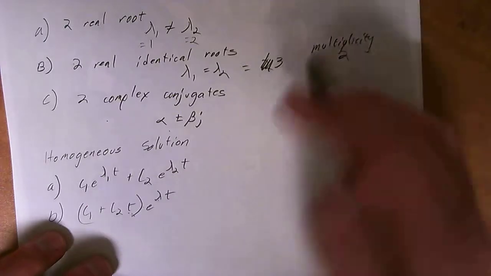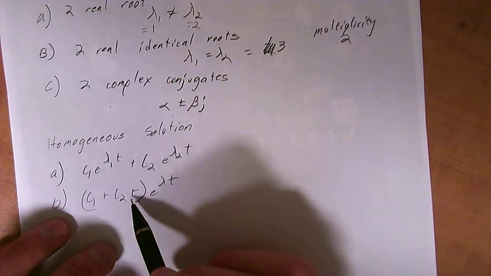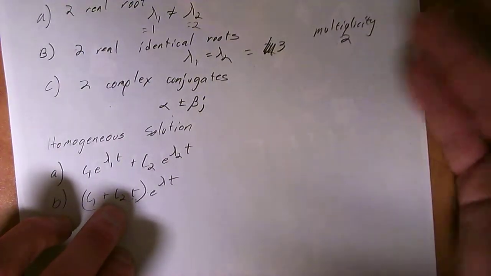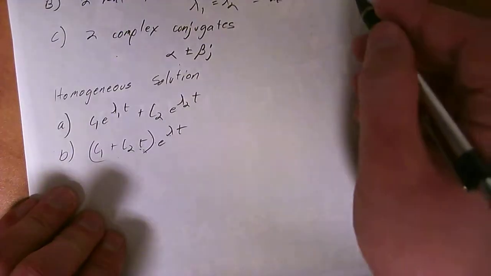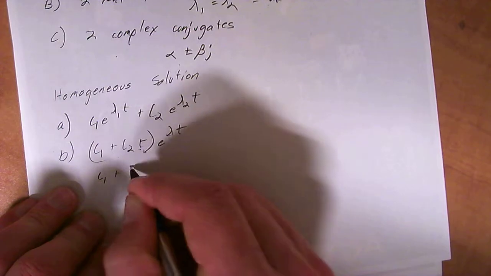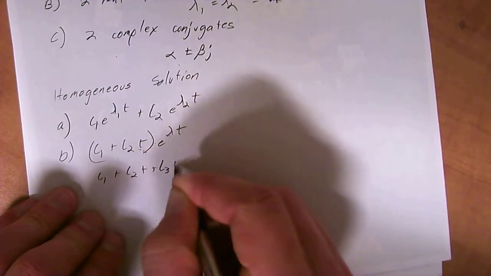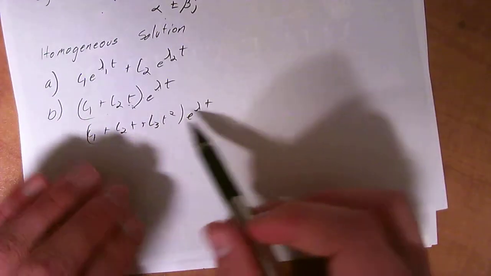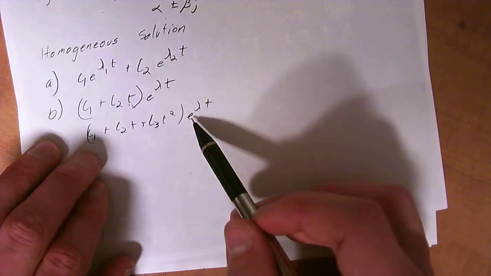If these are equal to 3, then you have a multiplicity of 3 because you have three roots equal to 3. If you have a multiplicity like that, then you have an extra t added on for each extra root. So for a multiplicity of 3, you have C1 plus C2t plus C3t squared, times e to the lambda t.